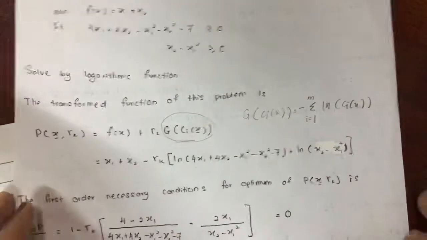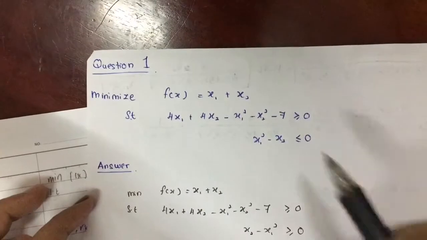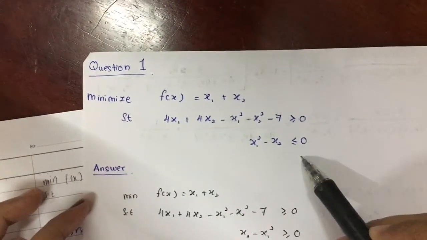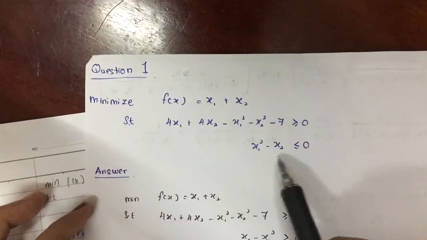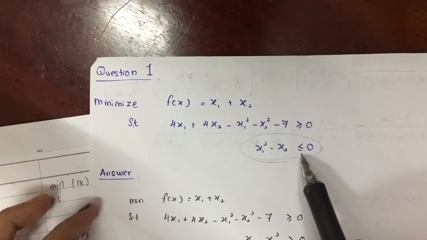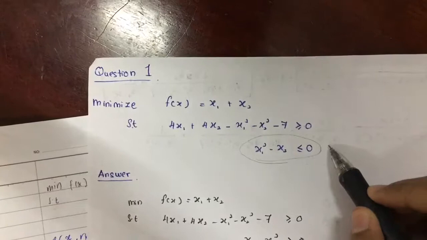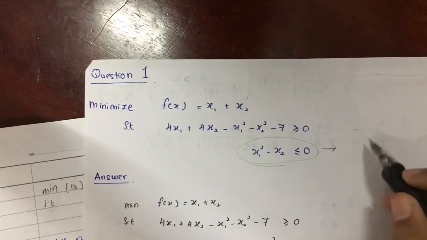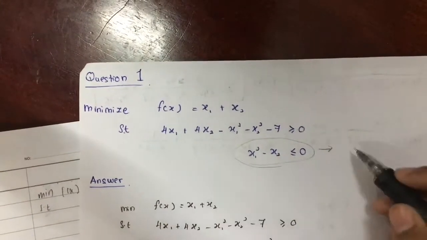So from this question there are two constraints here. When we want to minimize, you can see the second constraint is less than 0, so we have to make it more than 0 because we want to minimize, right?